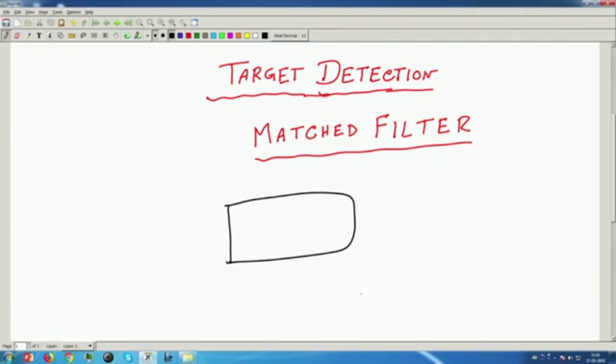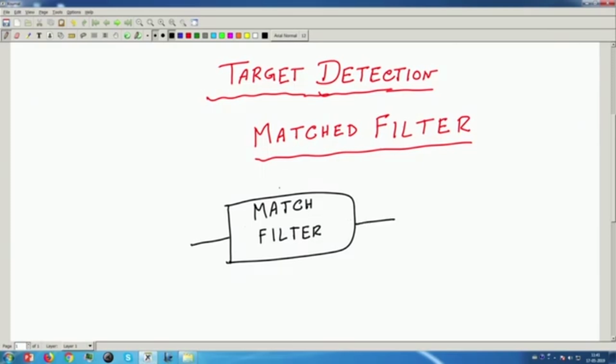So, let us say this is the matched filter. We know that in electronics, if there is a black box, we can characterize it.